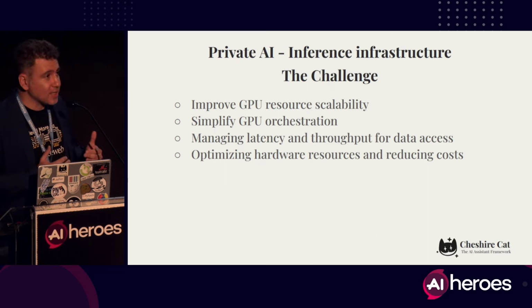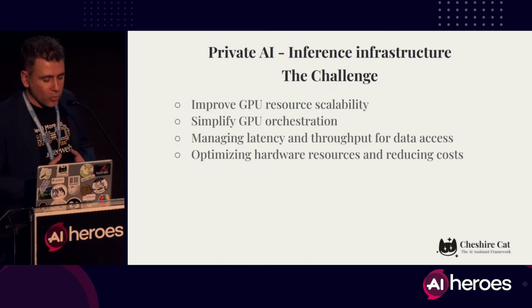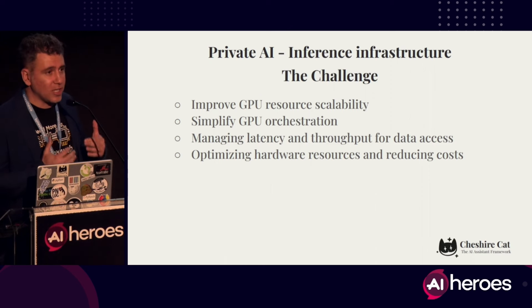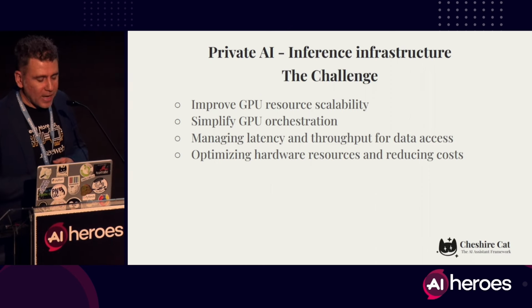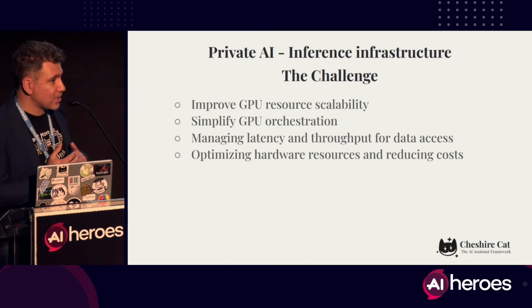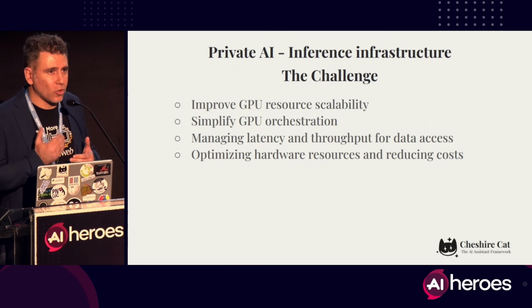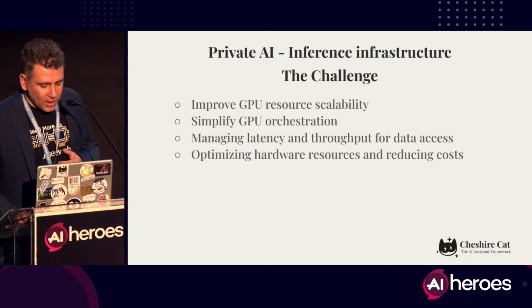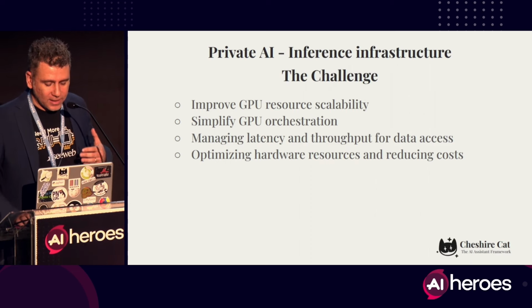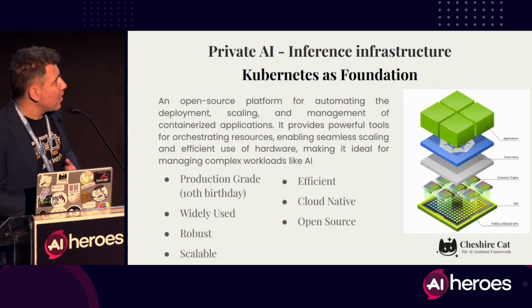Our challenge is to improve GPU resource allocation. We need to simplify GPU orchestration, managing latency and throughput for data access. For example, with LLMs, you want many tokens per second, and you want low latency. We're trying to optimize hardware resources and cost.